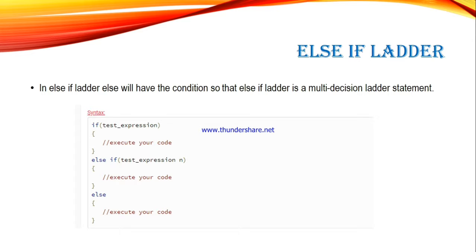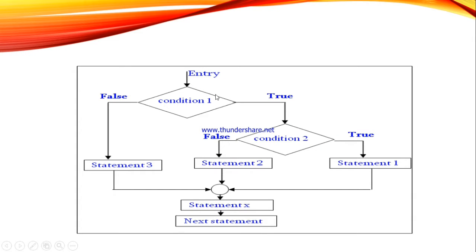In this we have a test condition for the else block, execute your code, and similarly the else statement will be executed. And the flowchart: condition false, and this is the true path, false statement 3. When the condition is true, it will execute the true path. In the true path we have another condition; if it is satisfied, it has two paths, false and else path, and statement x and next statement.